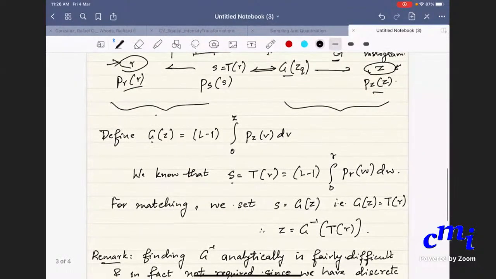I think it will be easiest if we do an example here. So let's do that.